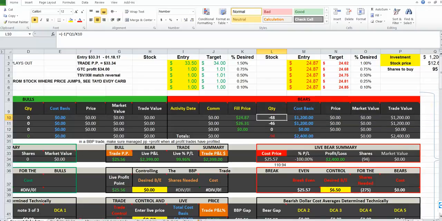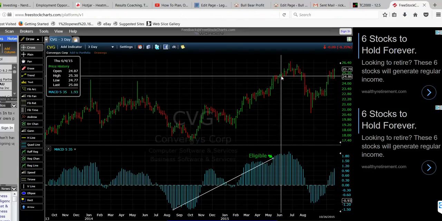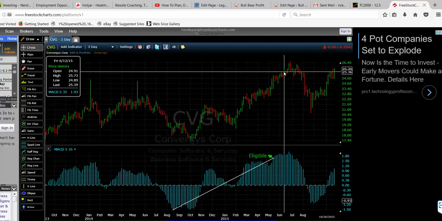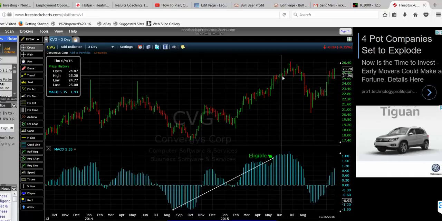Then we're moving on. It dropped here. Price jumped up. It didn't hit our target as we just went through. Did not hit our target.